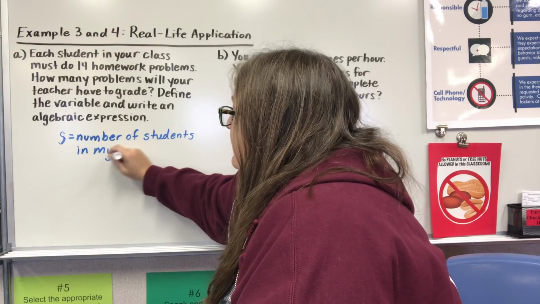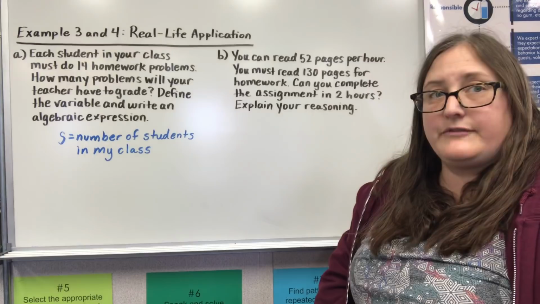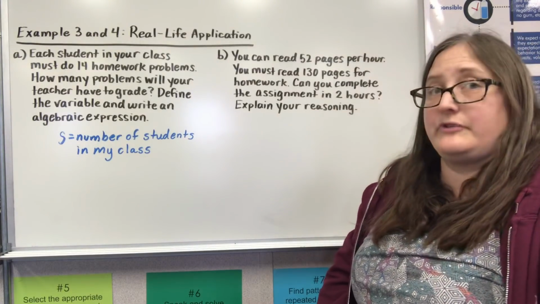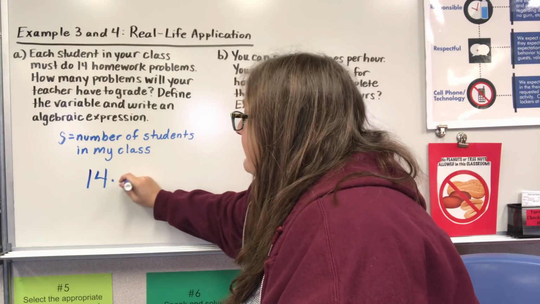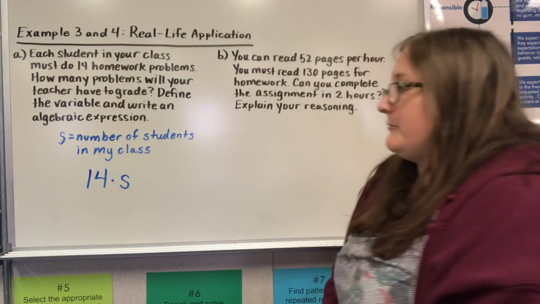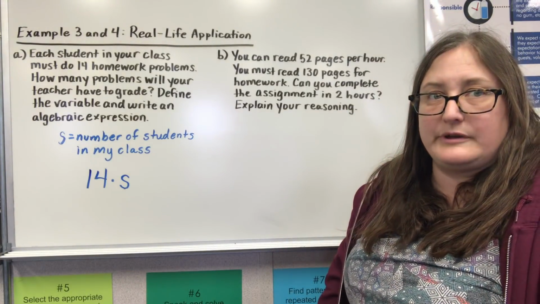I have to explain what S is going to stand for. Now that I've defined my variable and I know each person has to do 14 questions, I can say it's going to be 14 times S. So however many students I have times 14, that's how many problems my teacher is going to have to grade.